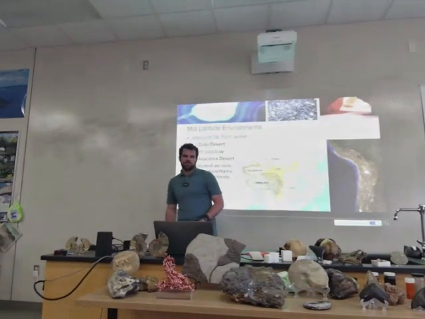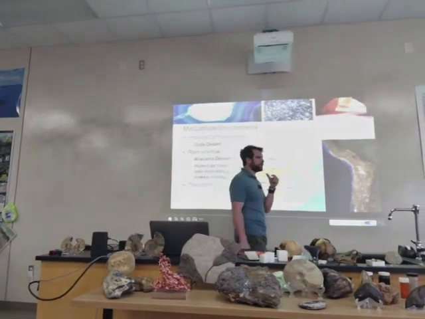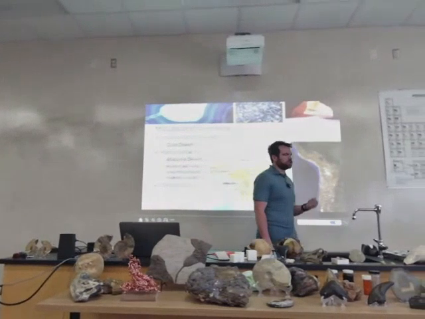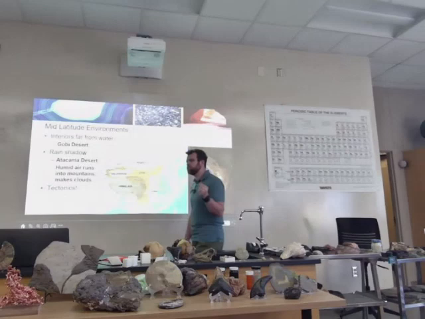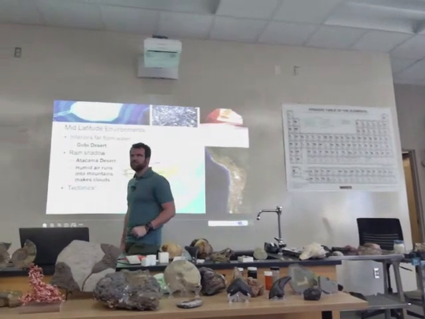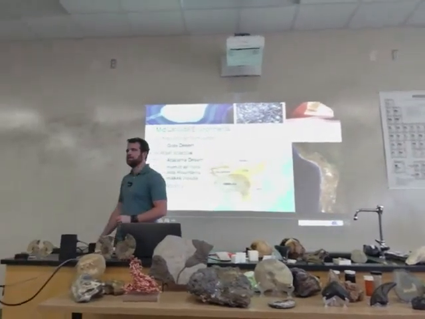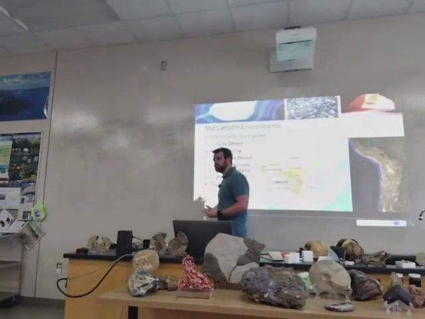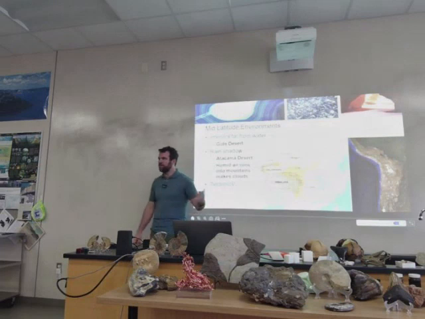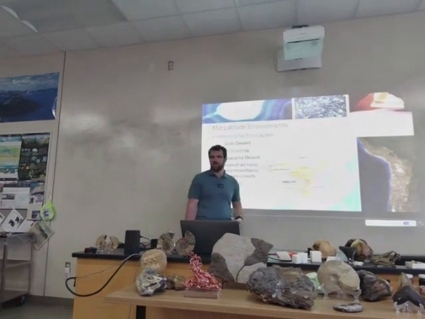A couple other reasons. We could be looking at a landmass so large that the interior is far enough from a source of water, it doesn't receive as much rain. We know this happens. As a matter of fact, Pangea was still around. You remember Pangea? We saw that video in our last lecture, right?